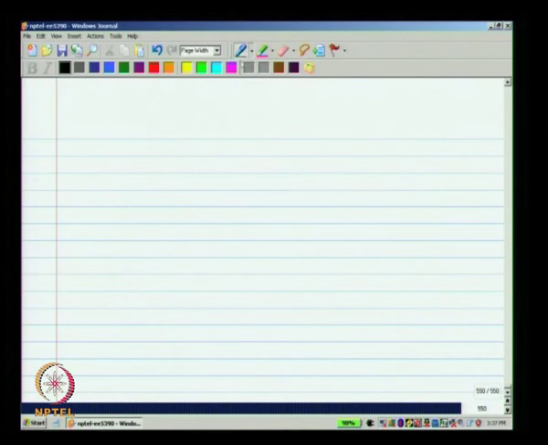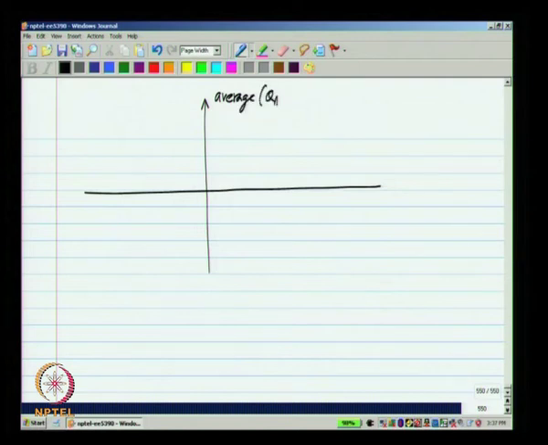Now, if you plot the characteristics versus the phase difference delta phi, what happens is that you can imagine that you start with reference and feedback which are coincident.